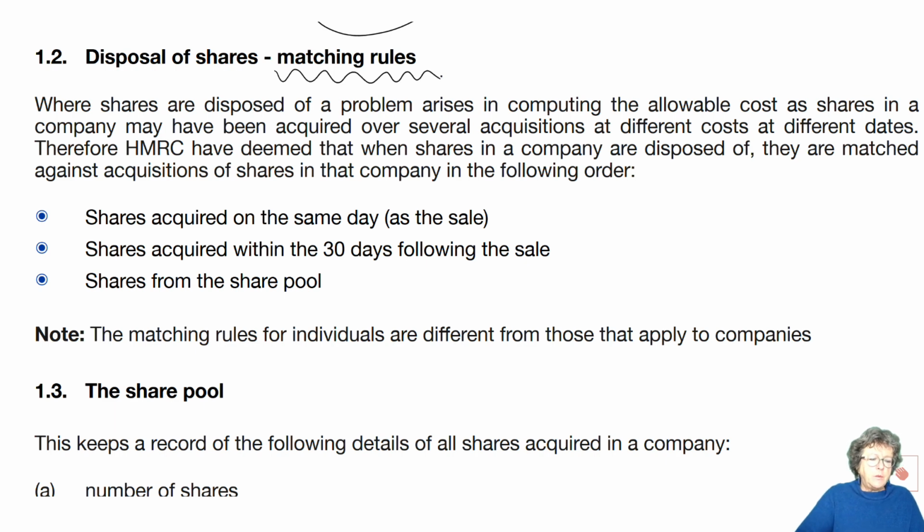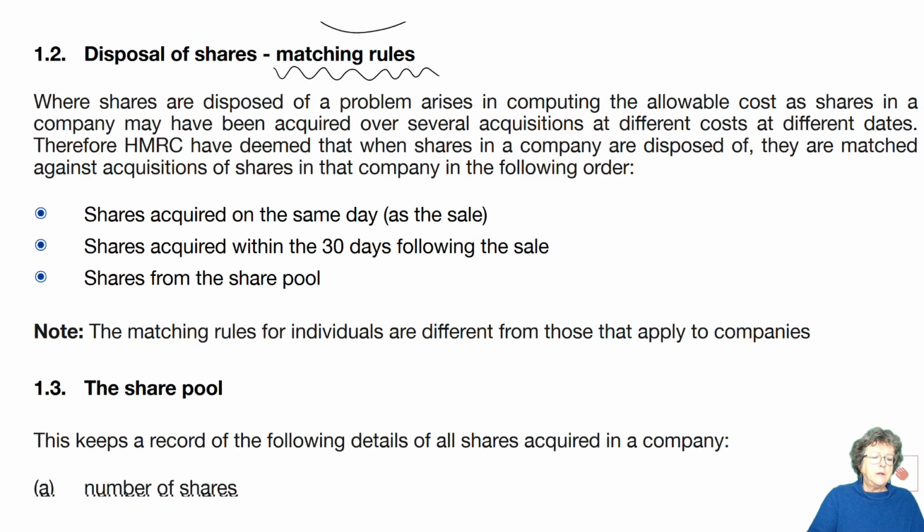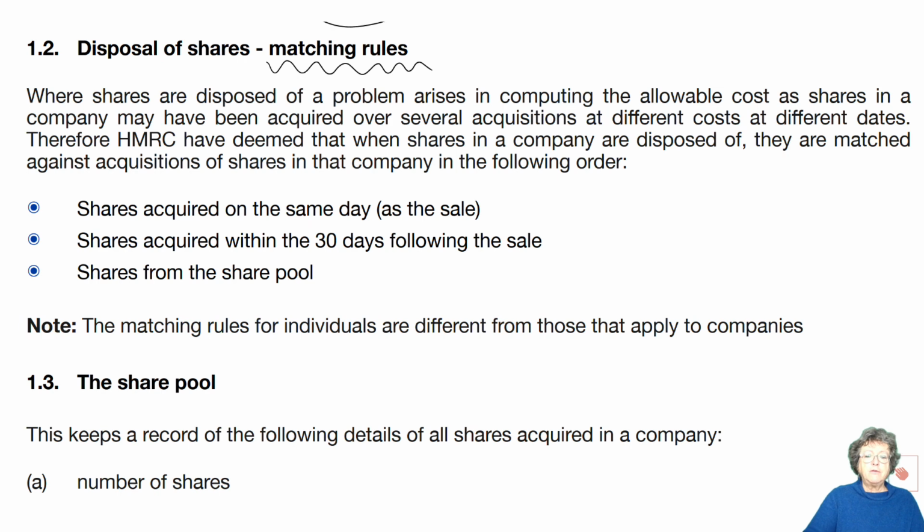It says there, where shares are disposed of, a problem arises in computing the allowable costs in any company, and it may require that there have been several acquisitions, at several costs, over several dates. So these are revenue rules. When you sell some shares, they have to be matched against when you bought them.